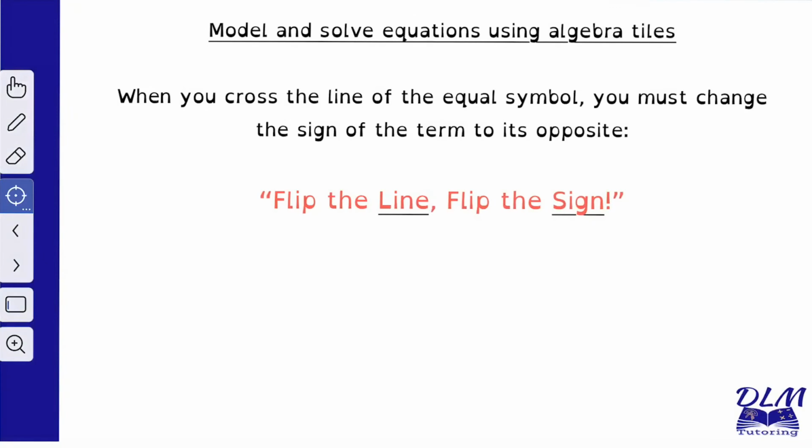Model and solve equations using algebra tiles. You'll need to remember, when you cross the line of the equal symbol, you must change the sign of the term to its opposite. An easy way to remember that is that any time that you flip the line, you must flip the sign.